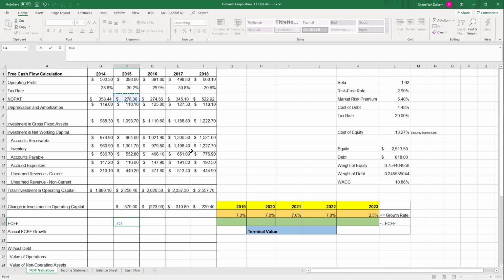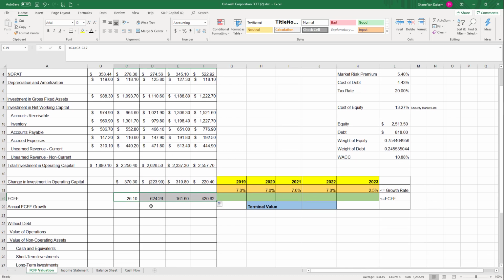we want to take NOPAT plus depreciation and amortization minus the change in operating capital. We can see this is growing. It's not terribly consistent or stable over time.